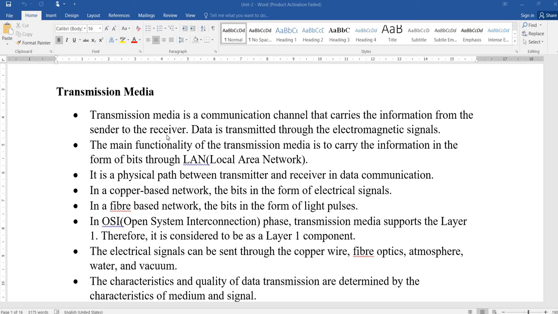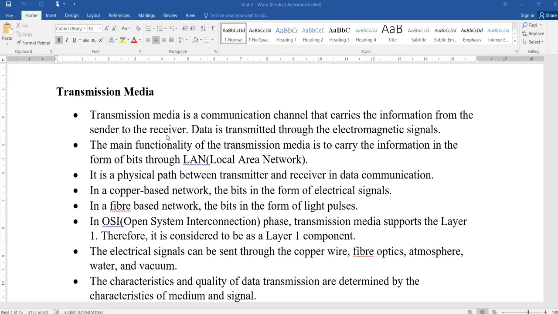Data received from the end user and processed by the application layer, maybe in the presentation layer or the session layer. Then it is forwarded down to the transport layer, then the network layer, the data link layer, and the physical layer.